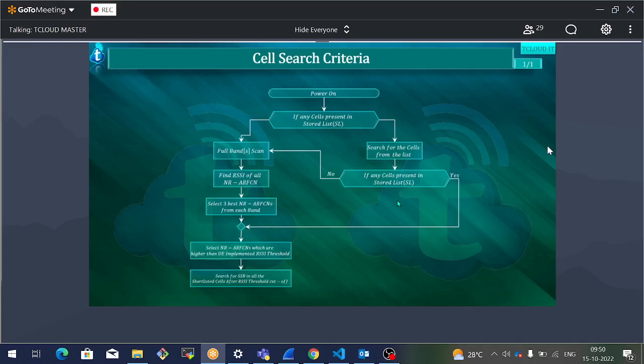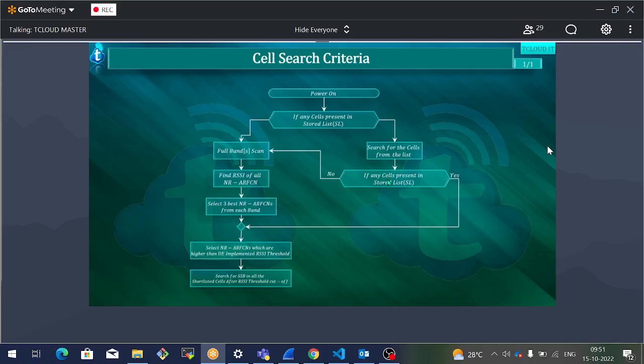If it finds any of those cells, because it already knows everything about that cell, what that cell's operating frequency is and various other details, because it has stored that information related to the cell, at least the primary details, in its memory before it is switched off. So the mobile will try to first find those cells. If those cells are found, well and good, it will go to this particular step somewhere here. What is that? We'll see.